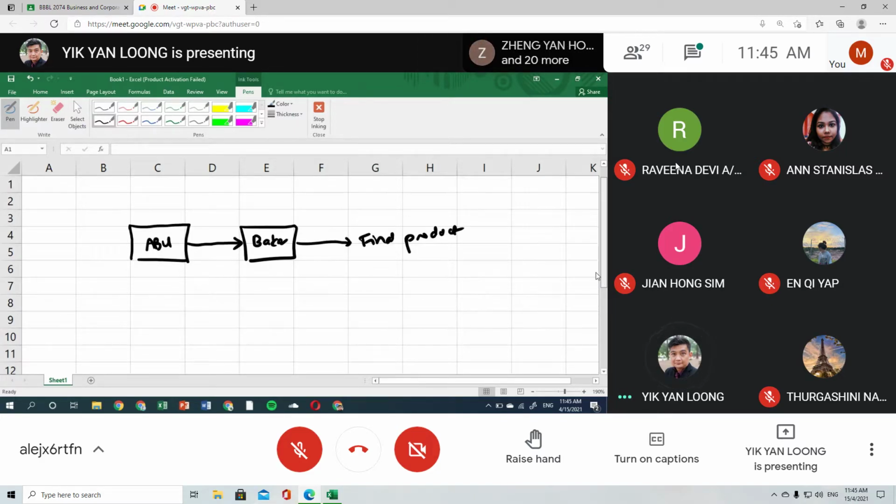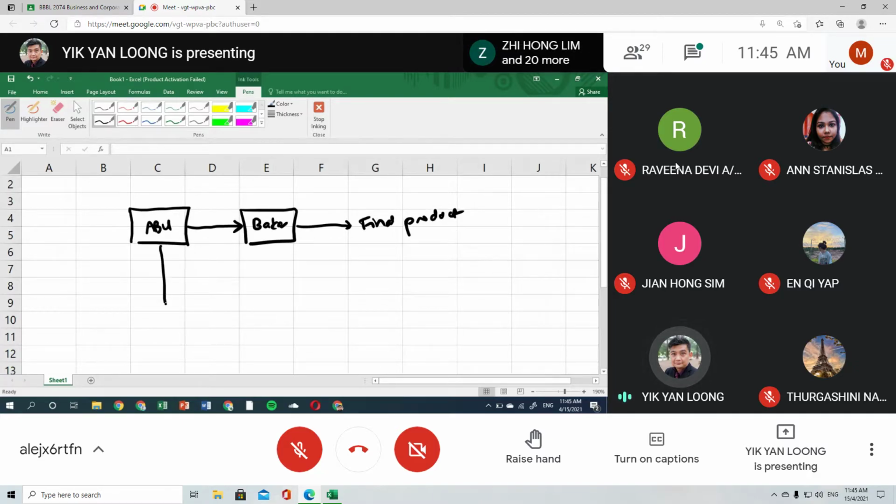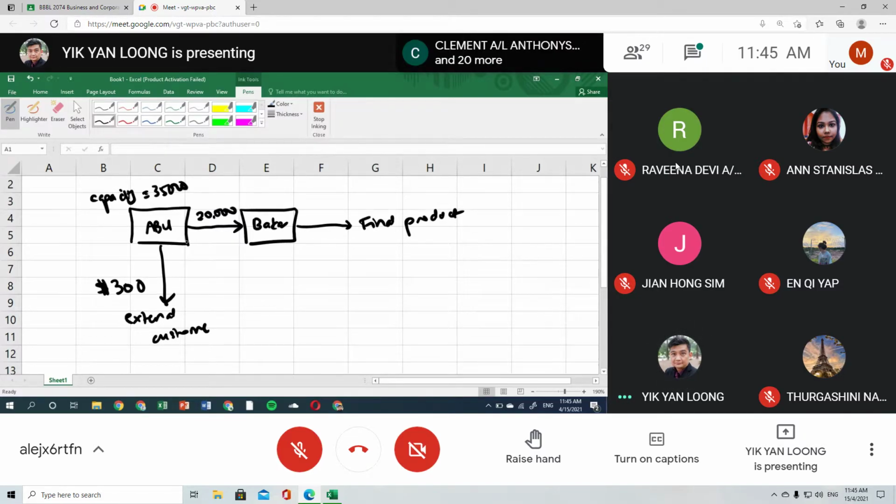Okay. Now, ABU can also sell this component to external customer. How much is it? Selling price to external customer is 300 ringgit. So ABU need to transfer to Baka a total of how much? 20,000 units. Okay, and ABU has the capacity to produce 35,000 units. All right.